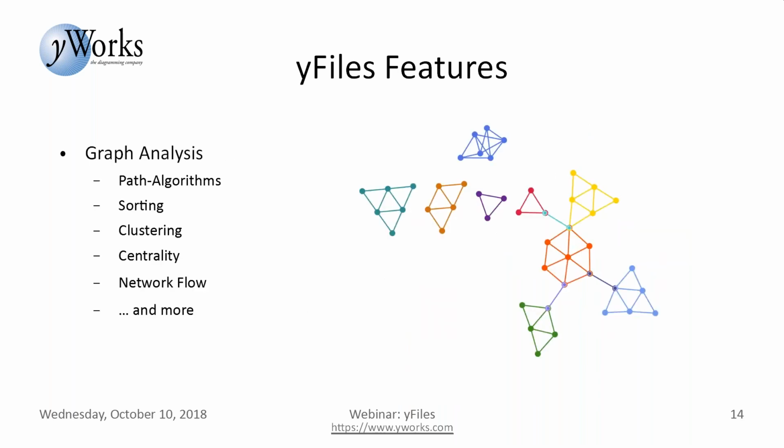Then there are the graph analysis algorithms. We support path algorithms like shortest path, longest path, then sorting algorithms, clustering, centrality, and network flow, and many more. In this picture here, you see an example where the bi-connected components of a graph are highlighted.